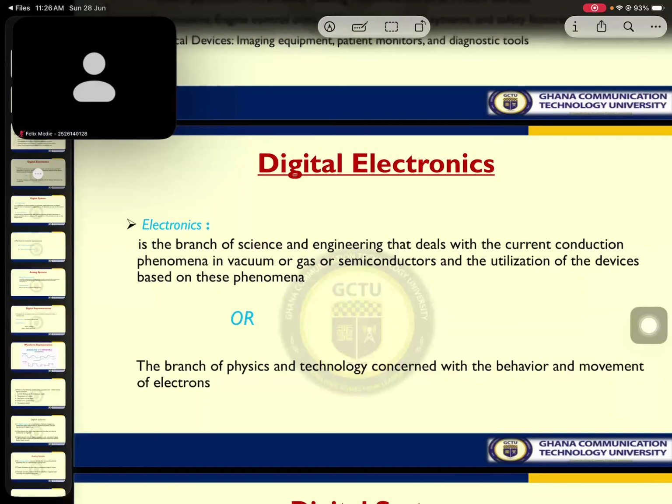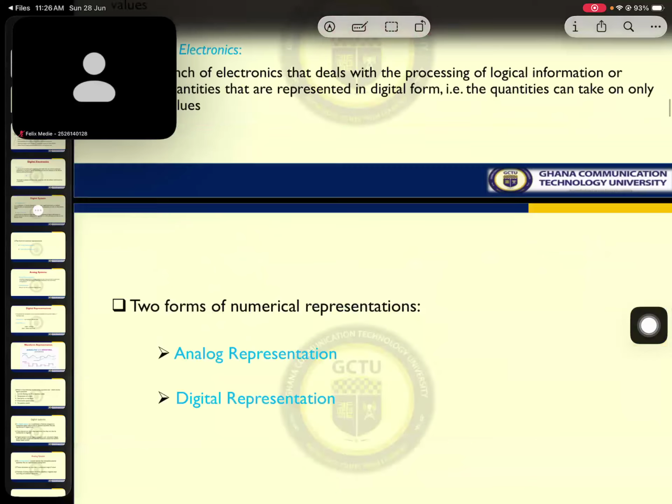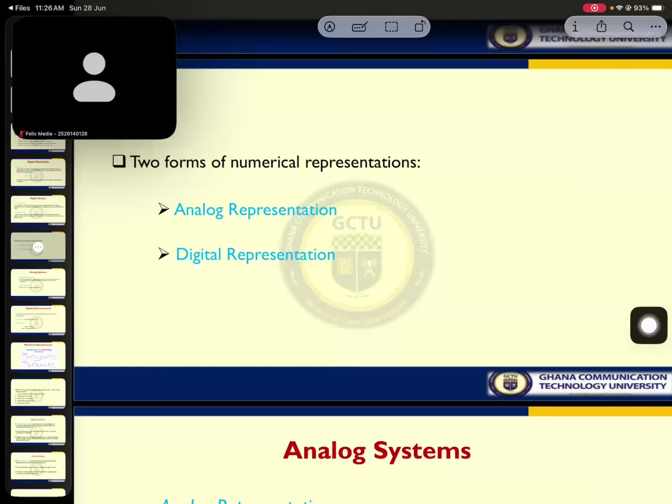Now, we've talked about this one already. There are two forms of numerical representation: analog representation and digital representation. Before we moved to digital systems, there were analog systems.